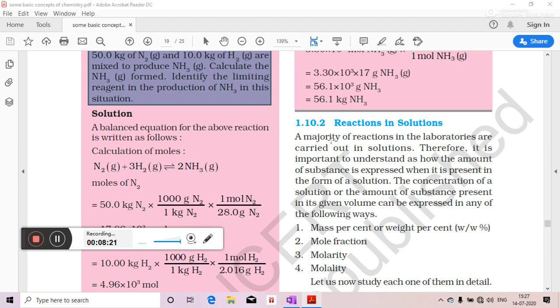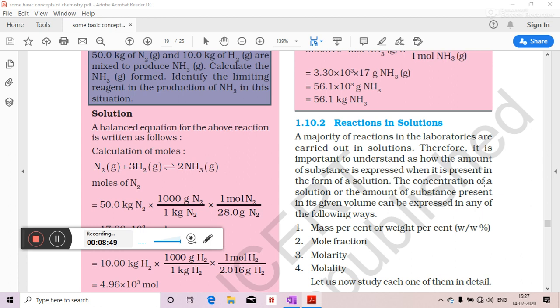Now next topic is reactions in solutions. A majority of reactions in the laboratories are carried out in solutions. Therefore, it is important to understand how the amount of substance is expressed when it is present in the form of a solution.